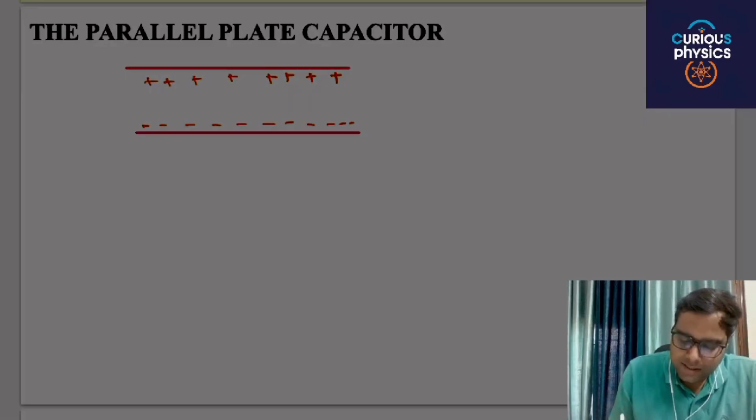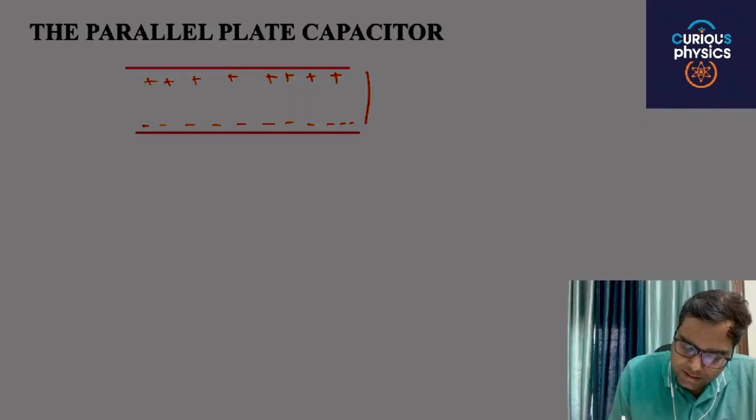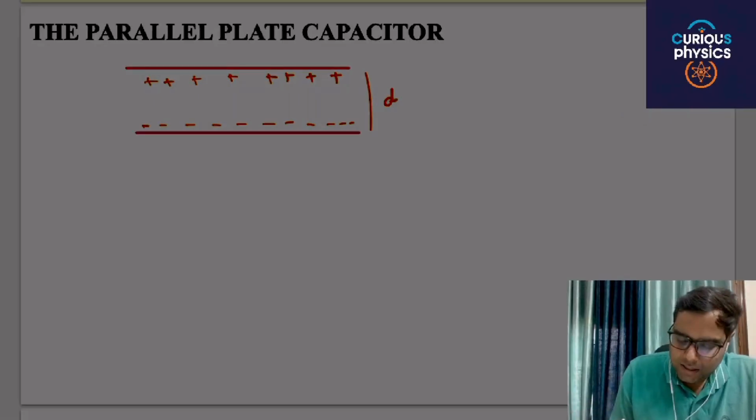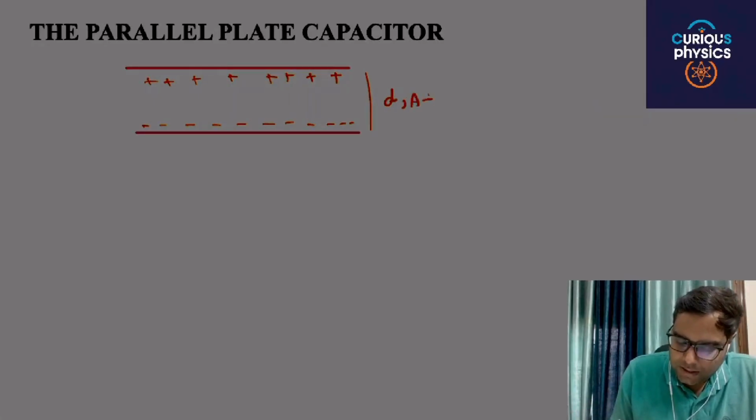Okay, and the distance between the plates is d, and A is the area of the plates.